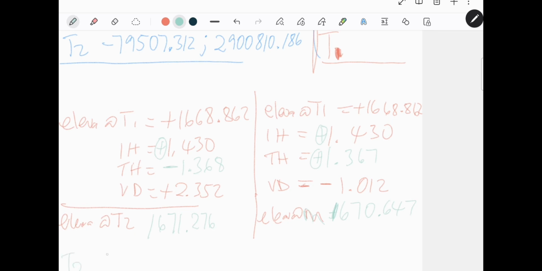So for T2, you have your elevation. For T2, the final answer: you have the coordinates, your Y, your X, and your Z, which is your elevation.